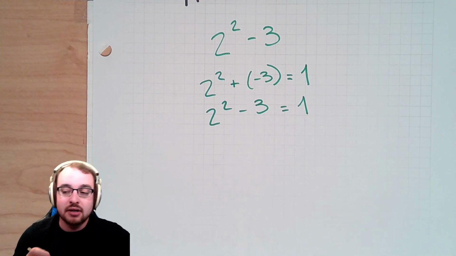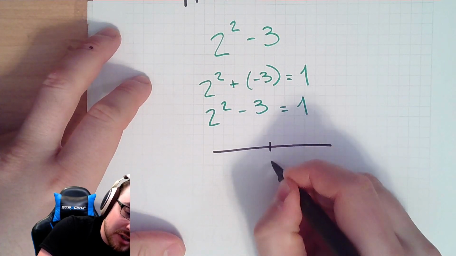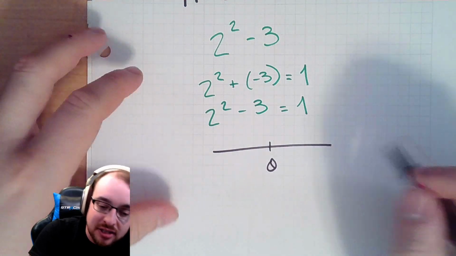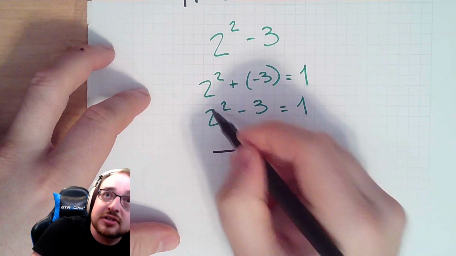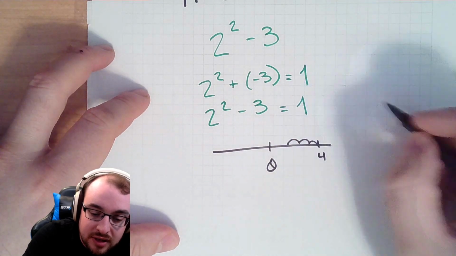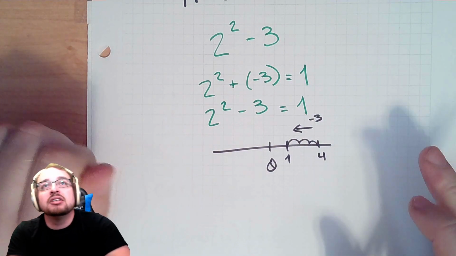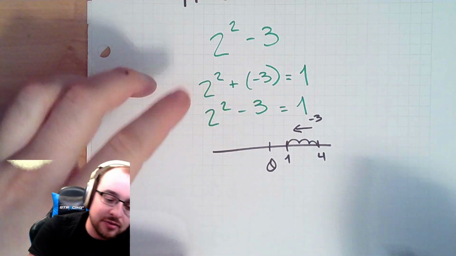Exact same idea. And the reason for that is because when we minus a 3, what we're doing is we're heading in the left direction, right? That's what minus does. So here's my 4. That's what this is, right? And if I subtract 3, that's going 3 in the 1, 2, 3 left direction. So that's minus 3, and I end up at 1. Same thing with adding a negative 3, right?